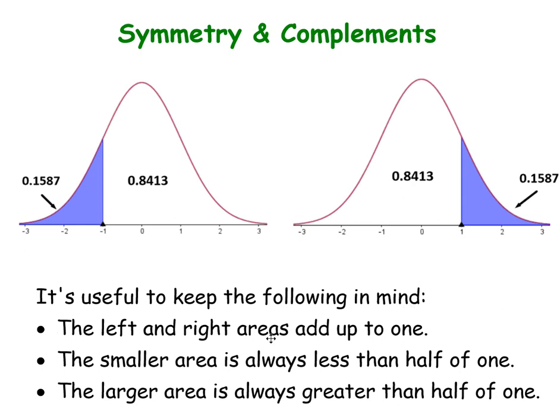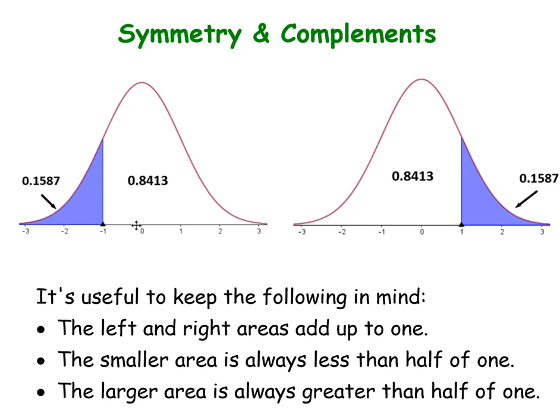It's useful to keep the following in mind: the left and right areas have to add up to 1, the smaller area is always less than half of 1, and the larger area is always greater than half of 1. This has to do with the fact that the entire area under the curve has to be 1, and if you divide right down the middle, you have 0.5 area on each side.